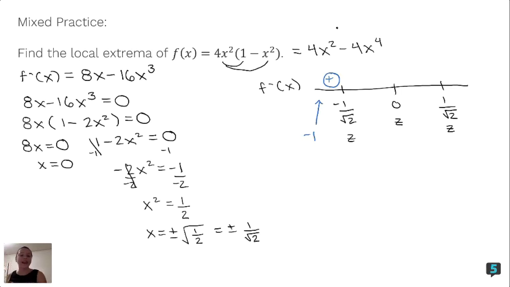Yeah, great. Negative 1/2. That's a perfect number to plug in. And when I plug in negative 1/2, I should find out that f prime of x is negative.